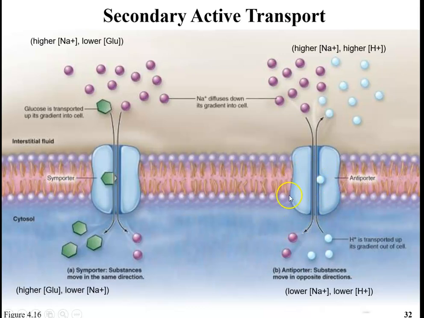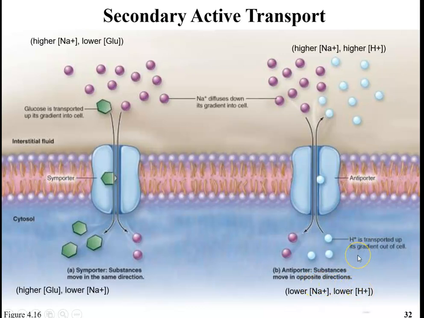This is an antiporter. You have a high sodium concentration in the interstitial fluid and a high hydrogen ion concentration in the interstitial fluid. And in the cytosol, it's lower. Both of them are lower.